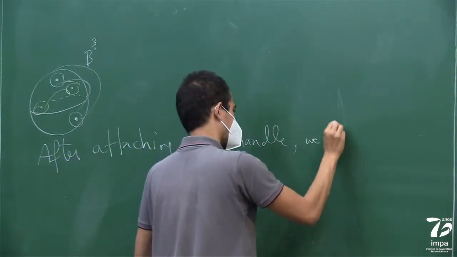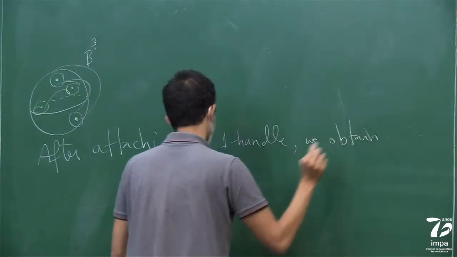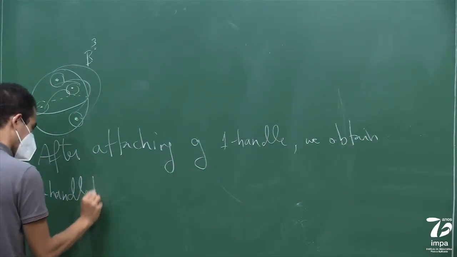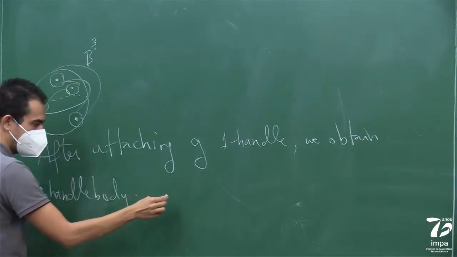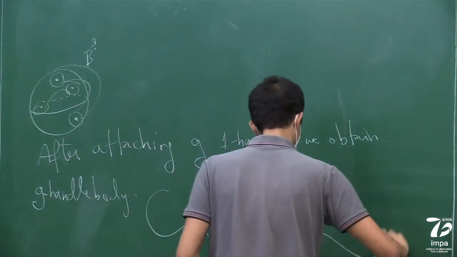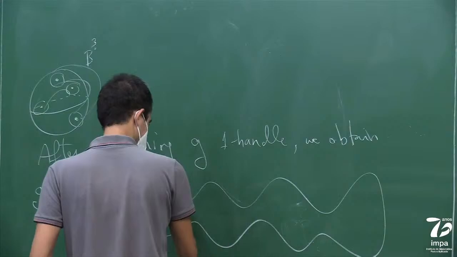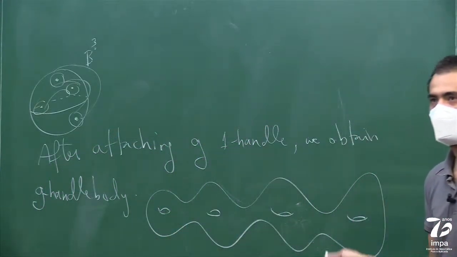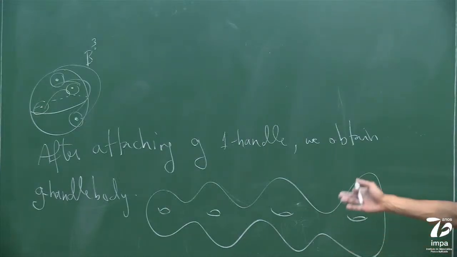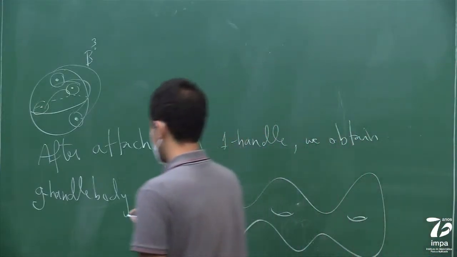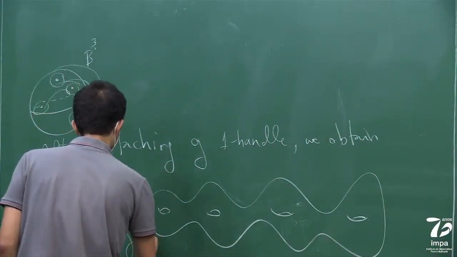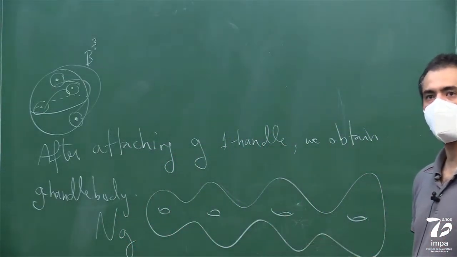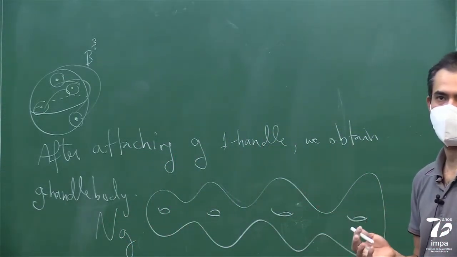we obtain what's called the genus g handlebody, which is a 3-manifold with boundary that's basically something like this. So the interior, the whole thing. So this is called the genus g handlebody, and I'm going to call it N_g, which you can think of as really an embedded manifold with boundary inside of R^3.